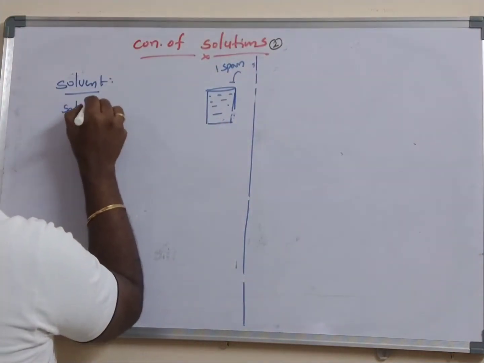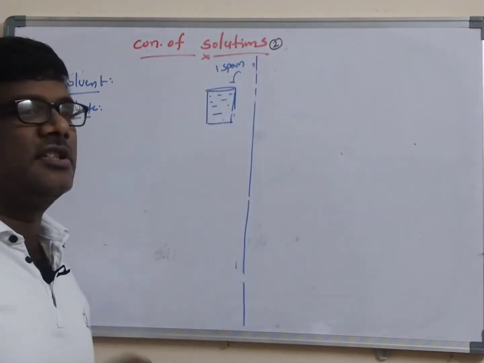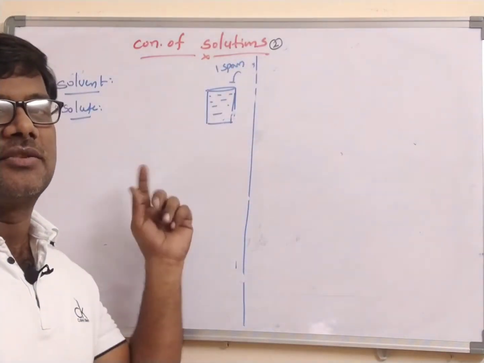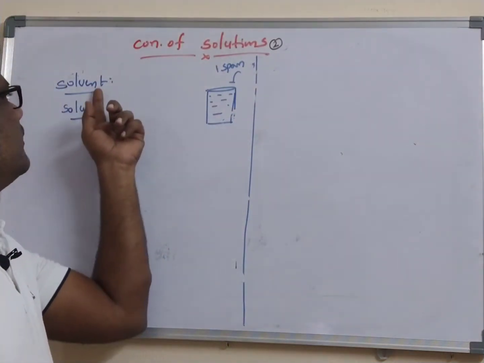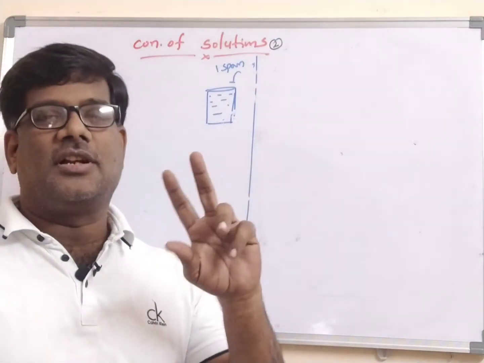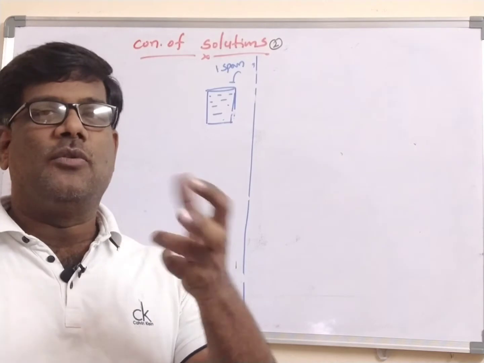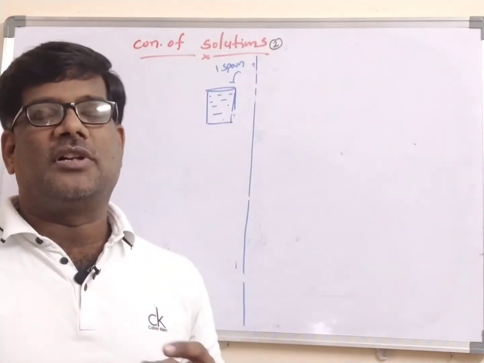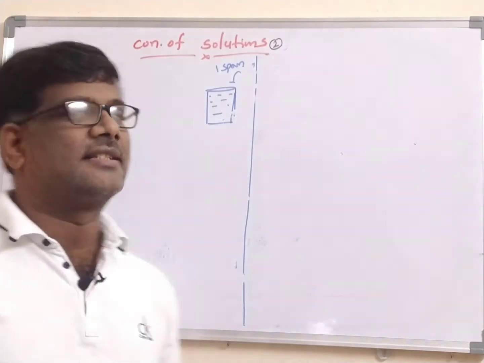Second is the solute. The solute is the component present in the solution in the lesser amount. Ultimately we can say the combination of the solute and solvent is called the solution. So in a salt solution, salt is the solute and water is the solvent. The homogeneous mixture of salt and water is called the salt solution. Ultimately it is called a binary system.